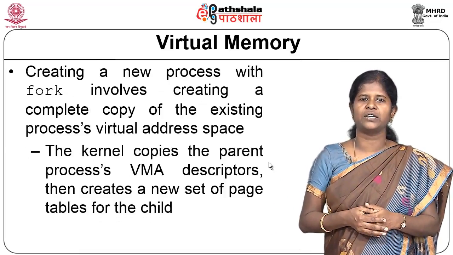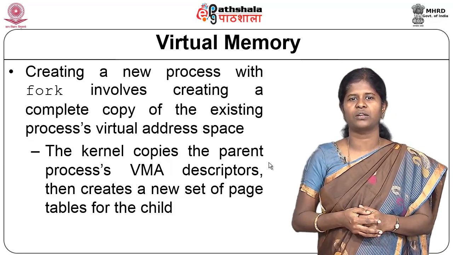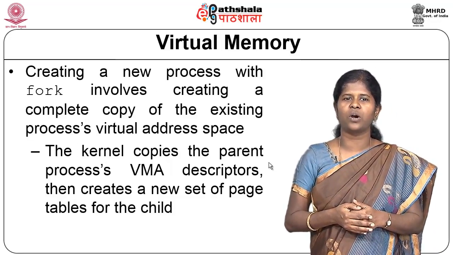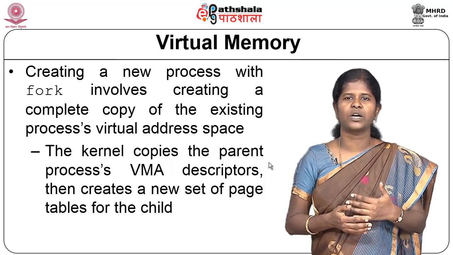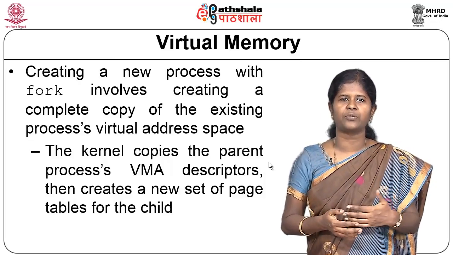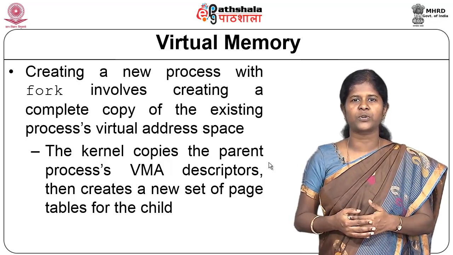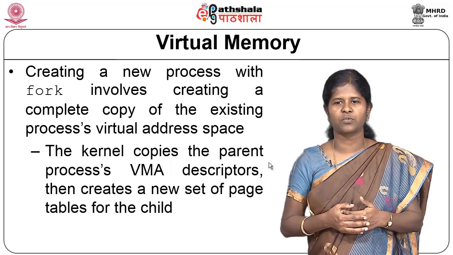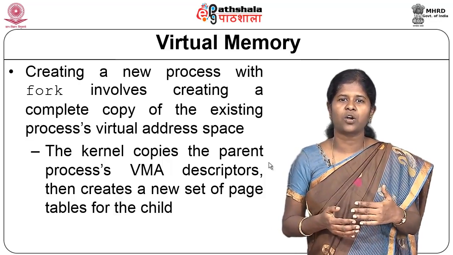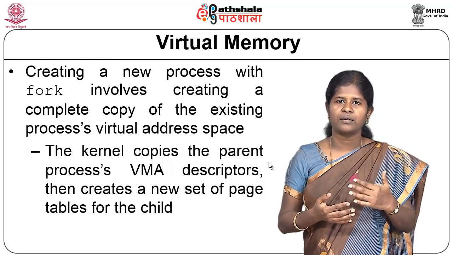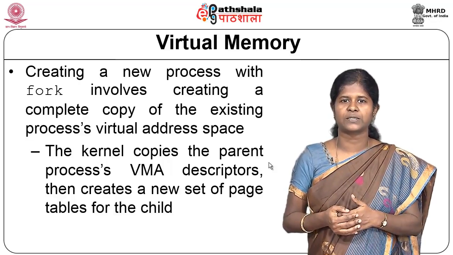Suppose you are creating a new process with the fork system call. As I told you earlier, this involves just creating a copy of the process virtual address space. Say you have a parent process which is creating a new process using this fork system call, and the parent process takes care of creating a copy of its virtual address space.